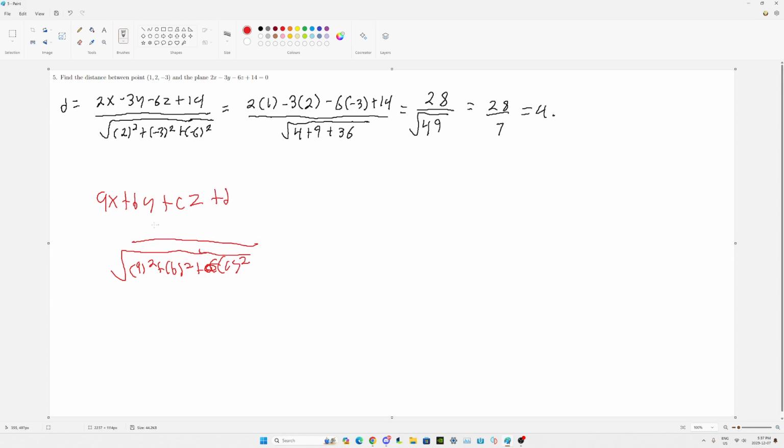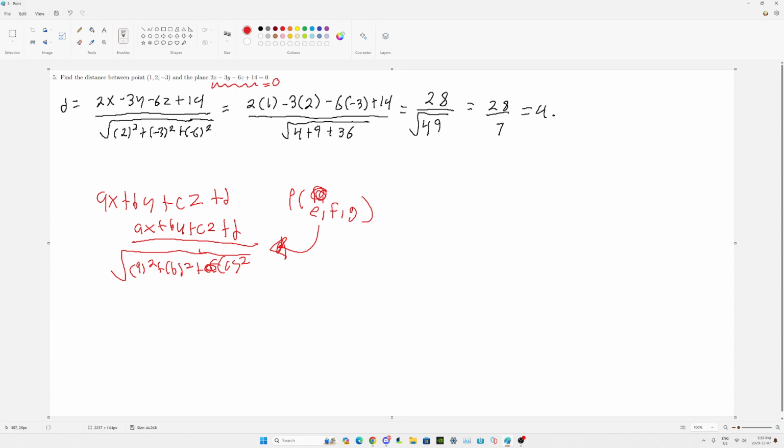Let's say we have plus d. Then we just get ax plus by plus cz plus d. And then we have some point, let's say e, f, g. Then we're going to put those points in. So we have that here. Everything's on the left side. Good. It's all equal to 0.